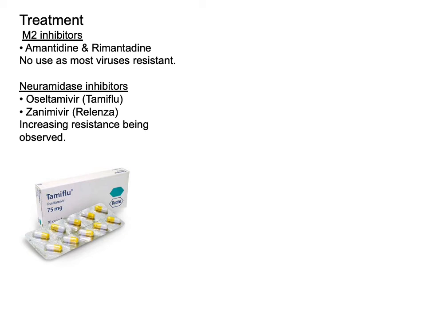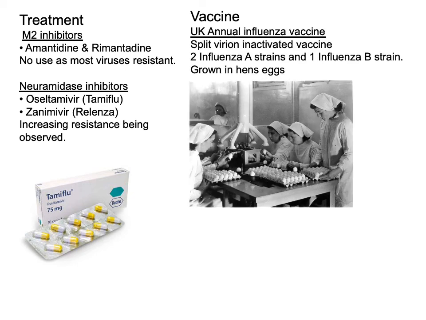Other possible inhibitors are things like Tamiflu and Relenza, and you will have seen or heard these talked about, I would think. The technical names are oseltamivir and zanamivir, and they both bind to the neuraminidase, so that's the protein that's the N of H1N1, for example.